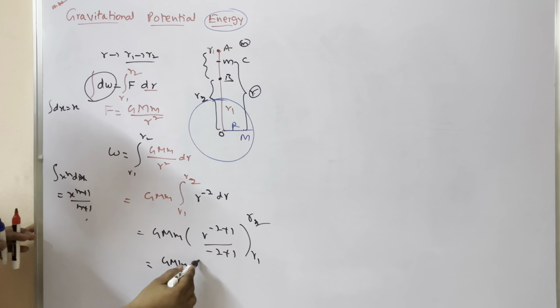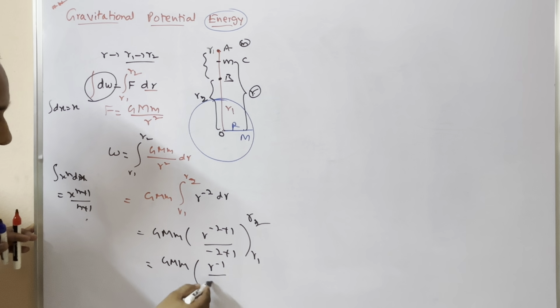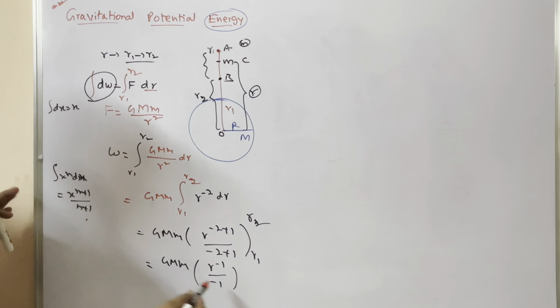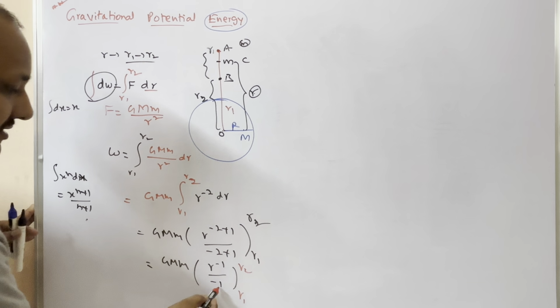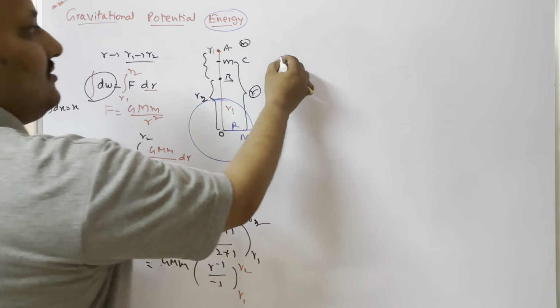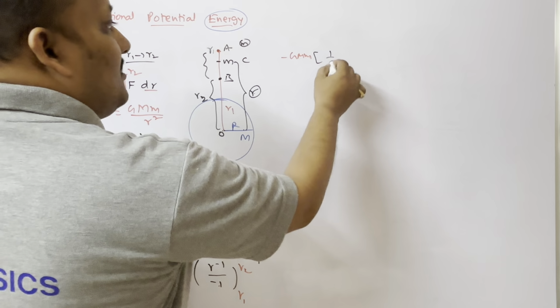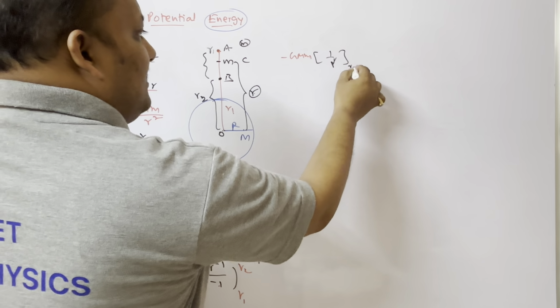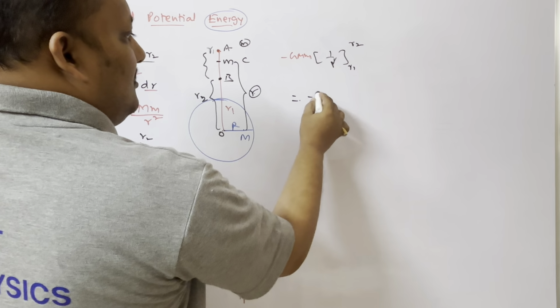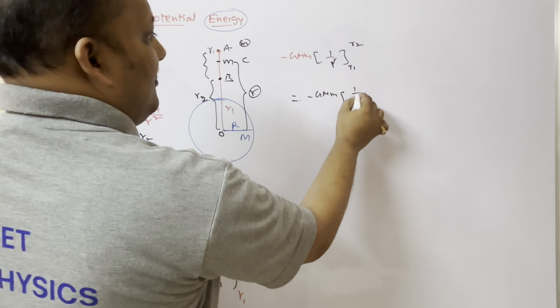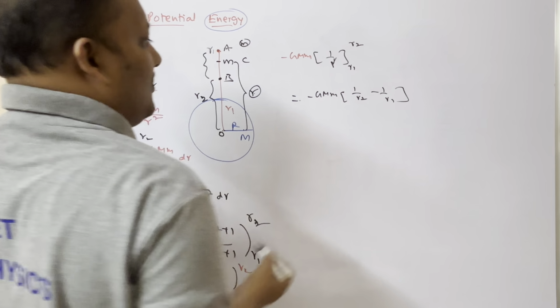So GMm, r power minus 1 by minus 1, between the limits r1 to r2. So, minus GMm, 1 by r between the limits r1 to r2. So, minus GMm, 1 by r2 minus 1 by r1.